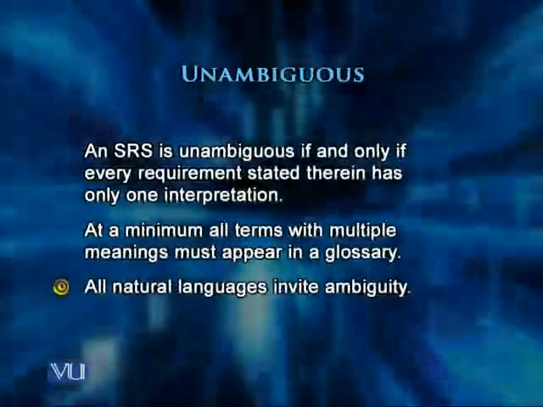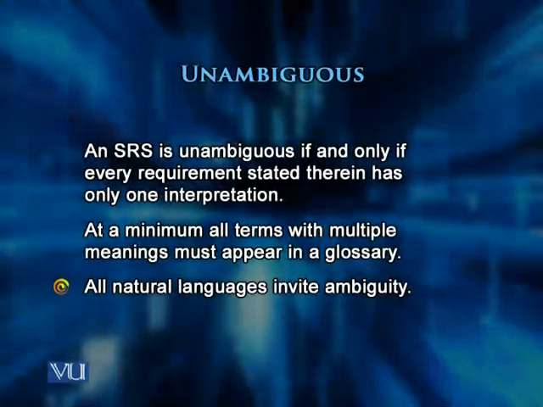And we have discussed this multiple times, that all natural languages invite ambiguity. And so wherever there's a possibility of ambiguity, whenever we are using acronyms, those things should be defined in the glossary.